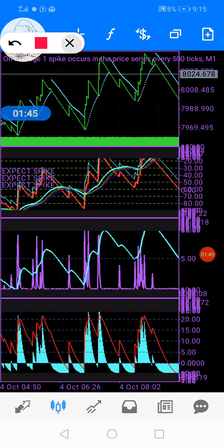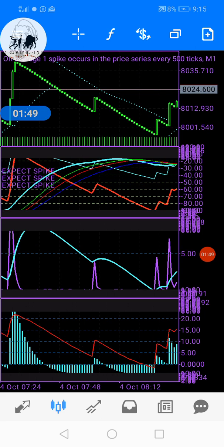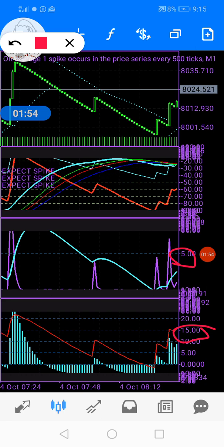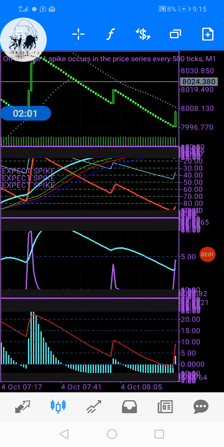Okay, so this works on every zoom level, as long as you can see the levels on the side, as long as you can see them. That's the only thing that matters.